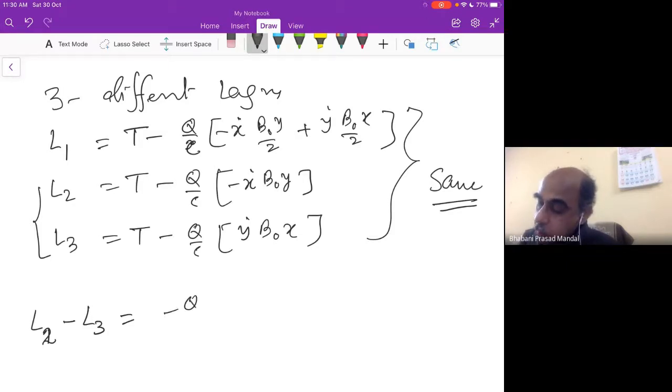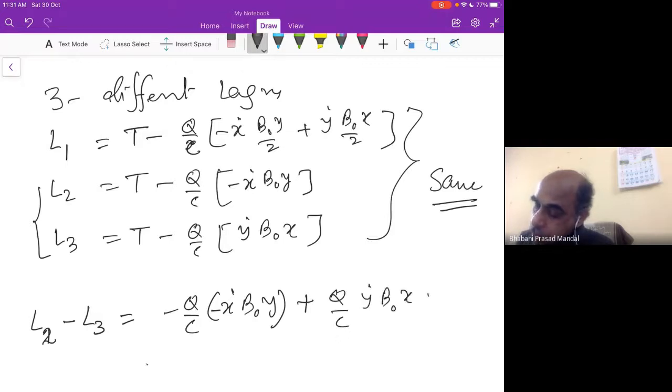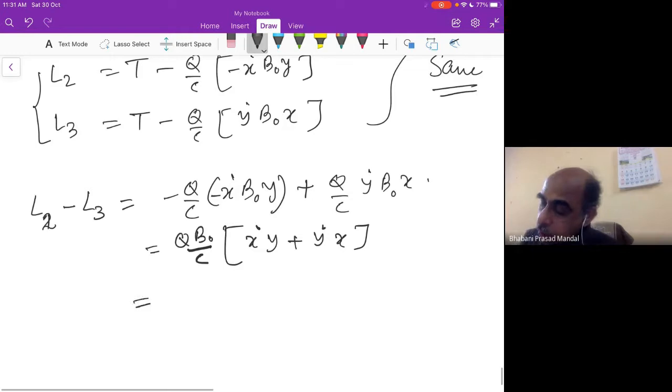So minus q by c x dot B0 y, and then plus q by c y dot B0 x. Now let us take q B0 and c outside. So this is minus x dot y plus y dot x. So this will be q B0 by c, d/dt of xy.